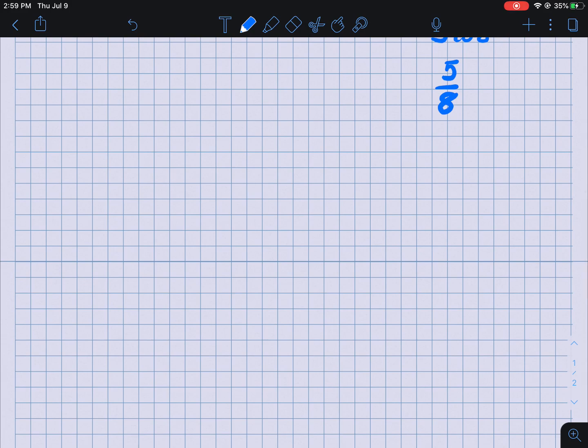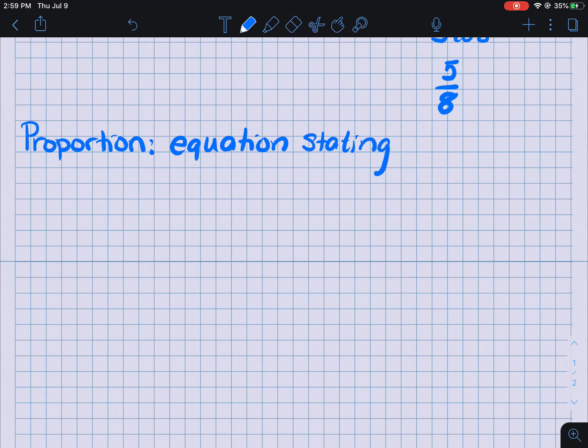Okay, so let's go on now. What we would do with a ratio is now we want to use that to write a proportion. A proportion is an equation. Now we're going to make an equation stating two ratios are equal. Now when we have a fraction equal to a fraction, this is the only time this is true.